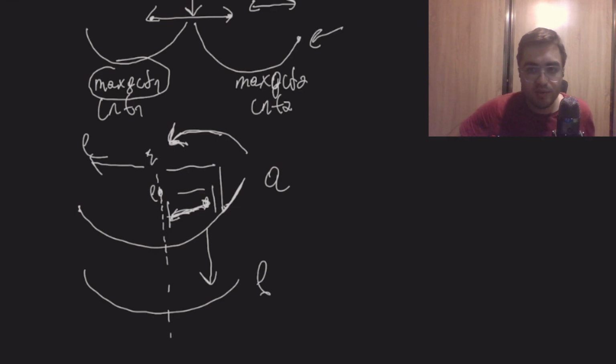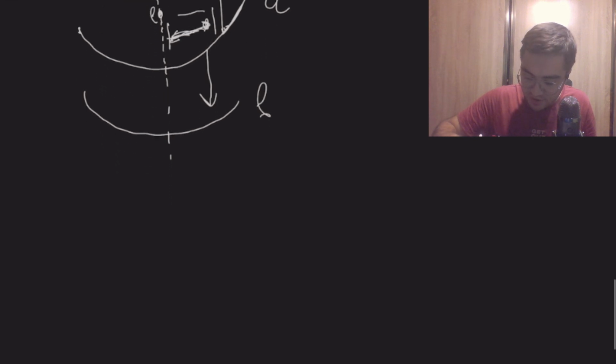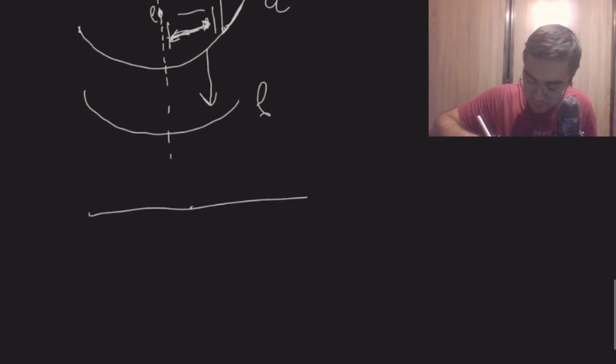Now, the way we're actually going to keep this is pretty important. Once again, what was our goal? We had two halves, and our goal was to count all the answers that start in the first and end in the second.